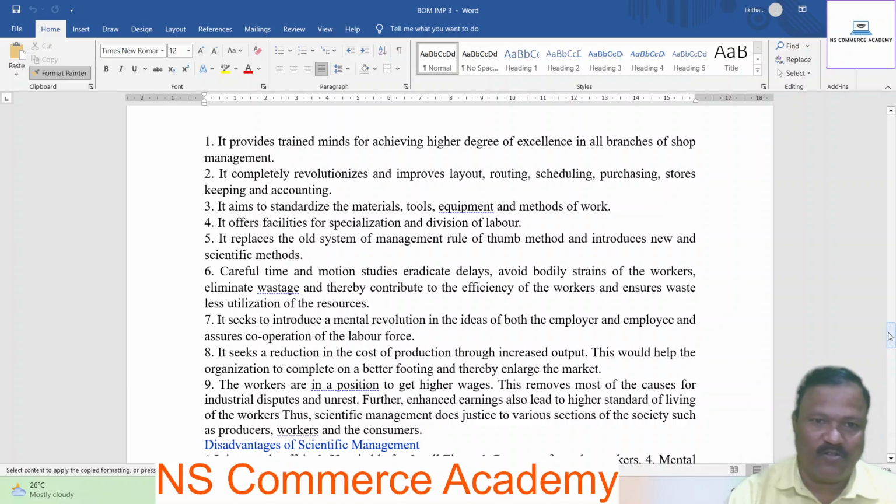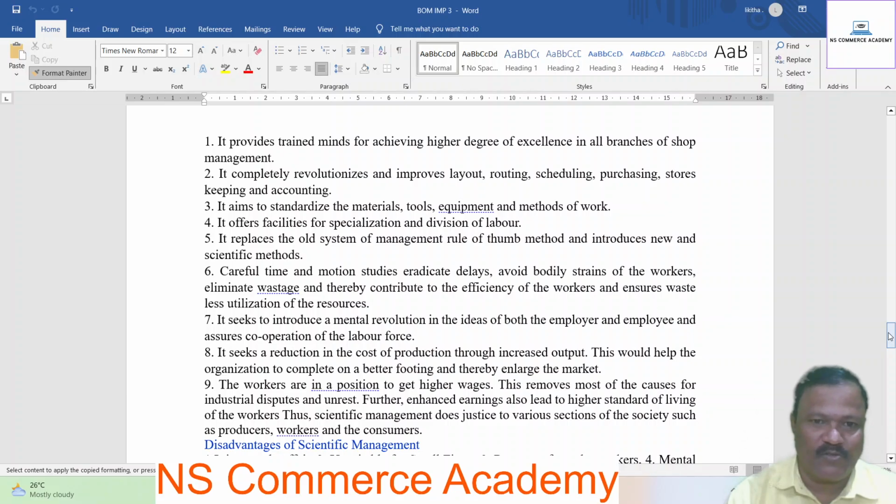Careful time and motion studies eradicate delays, avoid bodily strains of the workers, eliminate wastages, and thereby contribute to the efficiency of the workers and ensure wasteless utilization of the resources.